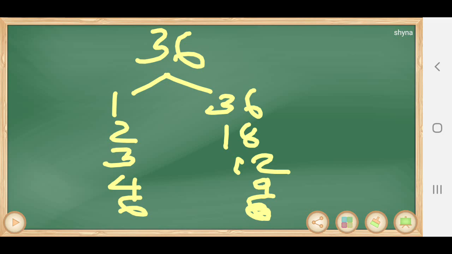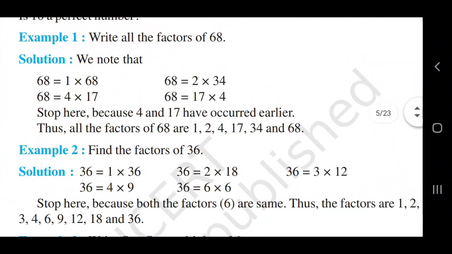You don't need to copy, you try yourself. Then you write, factors of 36 are 1, 2, 3, 4, 6, 9, 12, 18, 36.